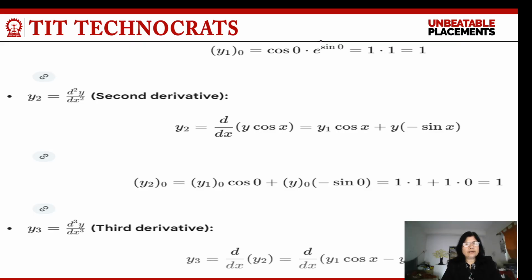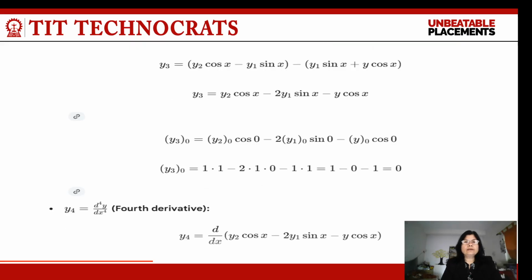Again differentiate, that is third derivative, d3y by dx cube, that is y3, is equal to d by dx of y1 cos x minus y sin x. So we get y2 cos x minus y1 sin x minus y1 sin x plus y cos x.